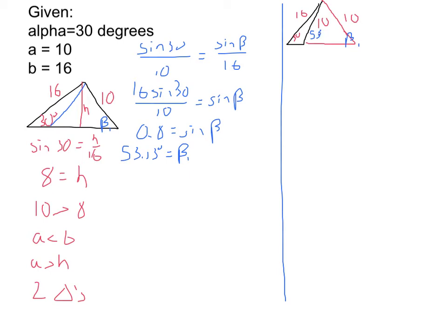Then to find the one next to it, I just need to subtract from 180. That'll give me what I'm going to call beta 2, which goes in that little corner next to the 30. So 180 minus 53.13 equals beta 2. And 180 minus 53.13 is 126.87.